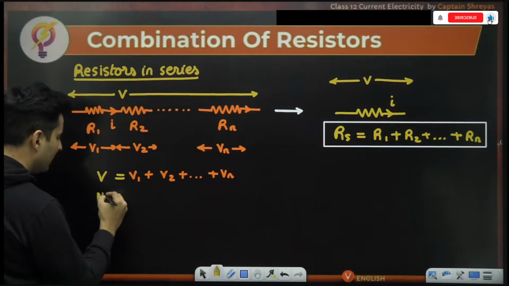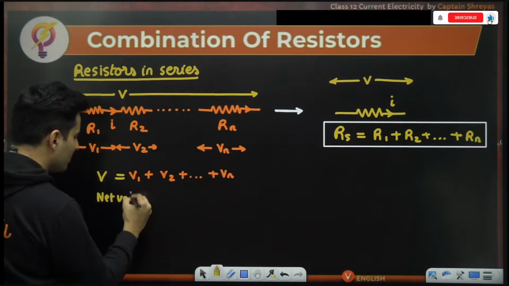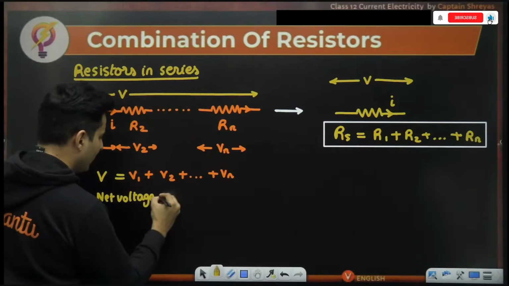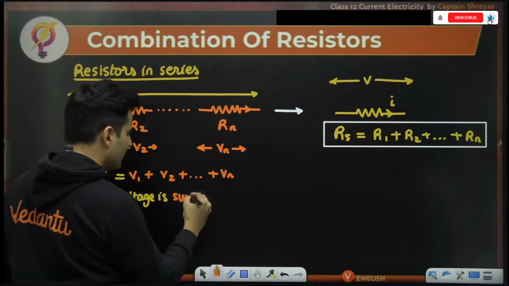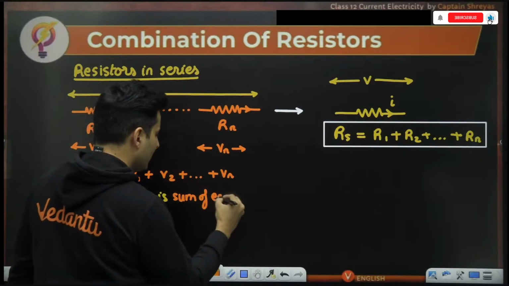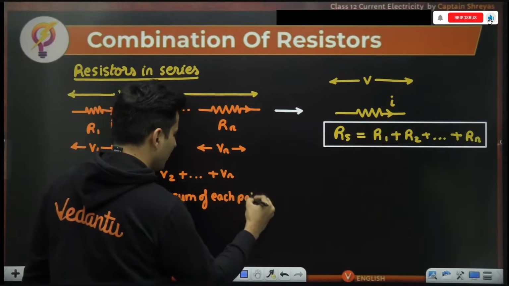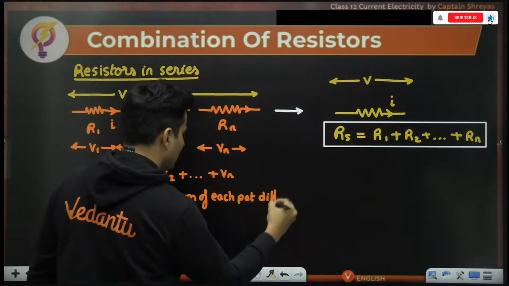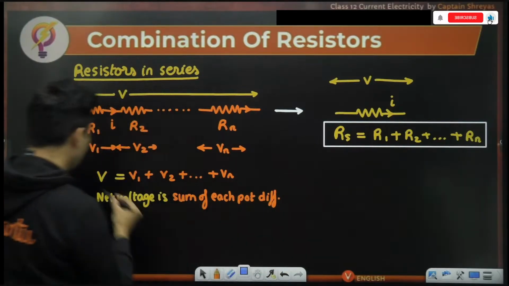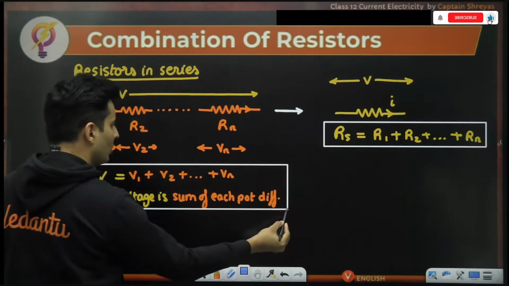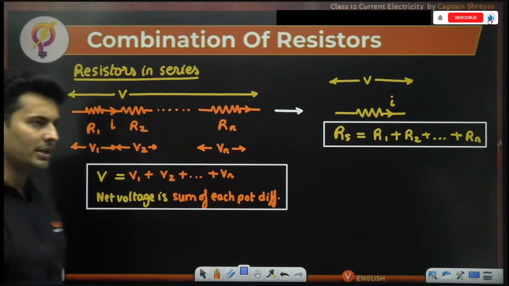So the net voltage is the sum of each potential difference. This is another important thing regarding your series combination.